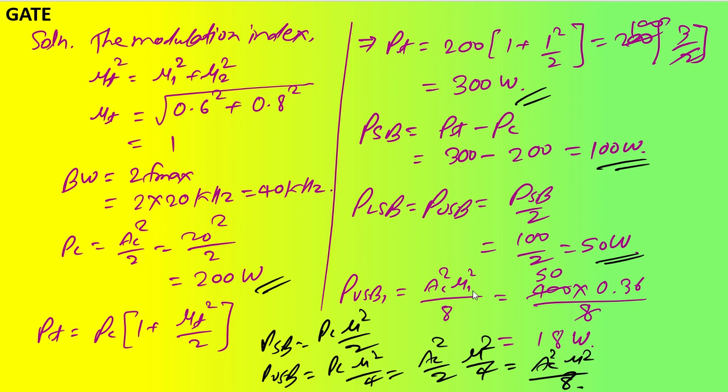I will utilize mu1. So that will be AC square, that is 400, into 0.36 divided by 8. 8 and 400 got cancelled, so it is going to give me 50. 50 into 0.36 is 18 watt. So 18 watt is the power available in USB 1.